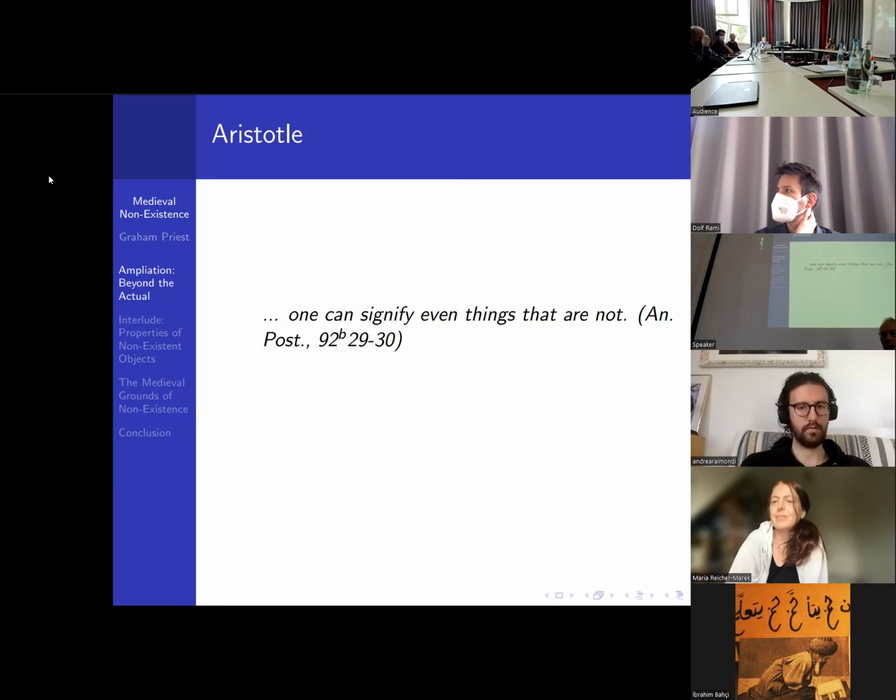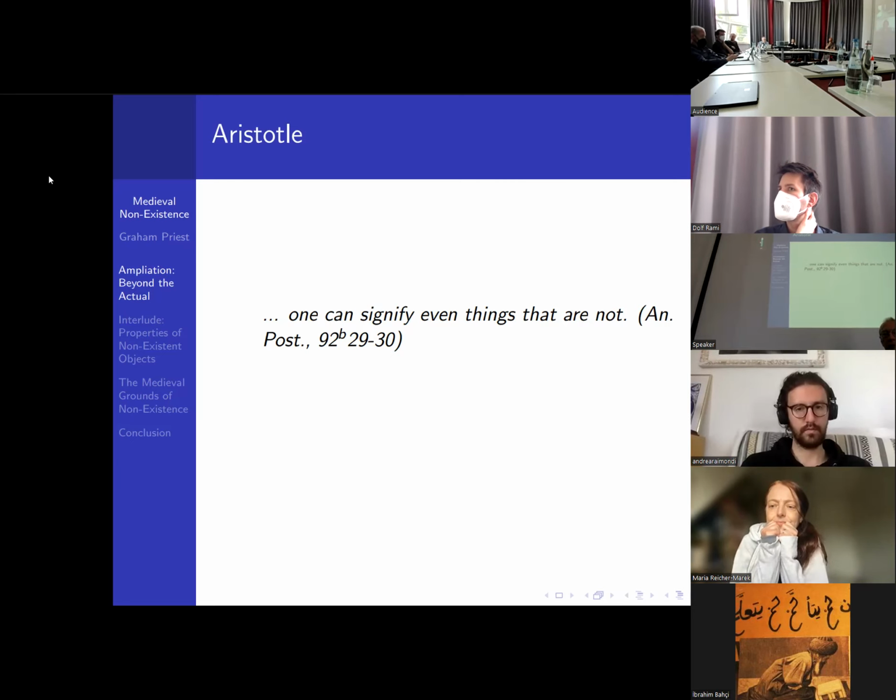Okay. So you find some British logicians in the 19th century talking about the existence of chimeras and fairy tale objects and so on.